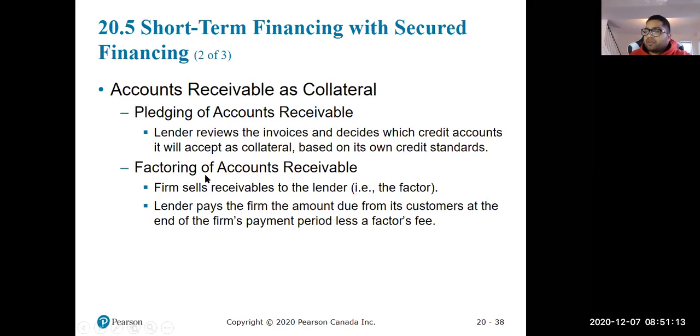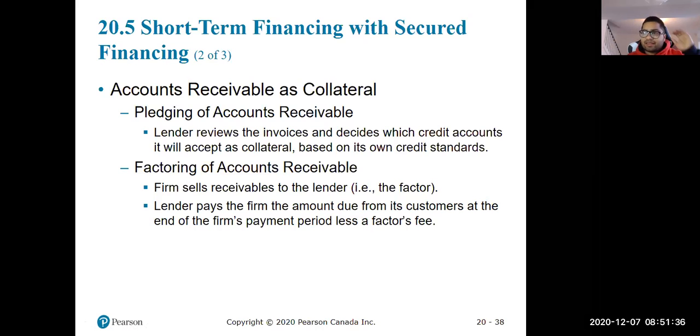Or they may be doing factoring. What is factoring? Factoring means that instead of keeping it as collateral, you sell it to the bank. Generally this is used by car dealerships. Whenever a car is sold, you borrow money from the financing company. You do not pay the car dealer; you pay the financing company that amount.